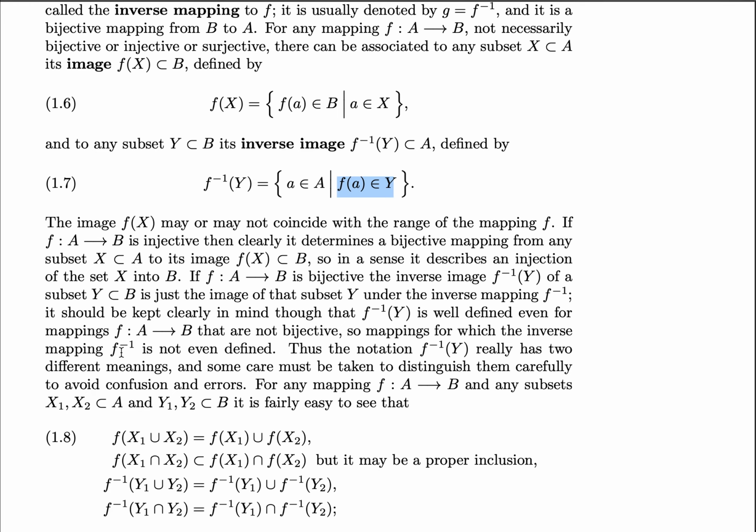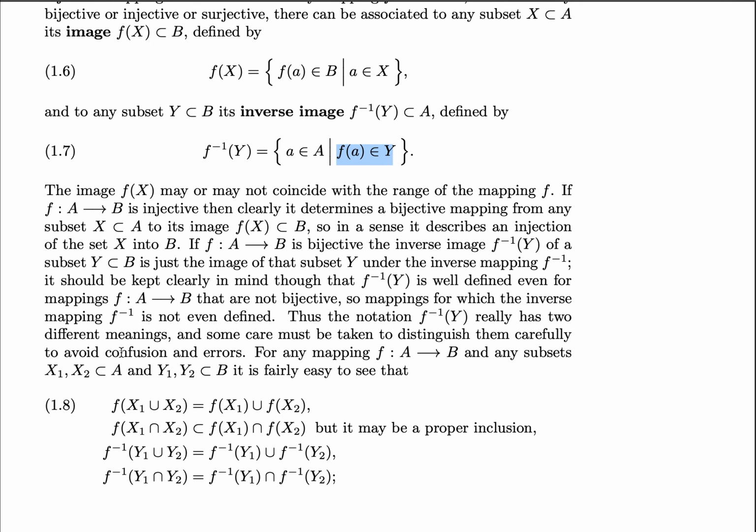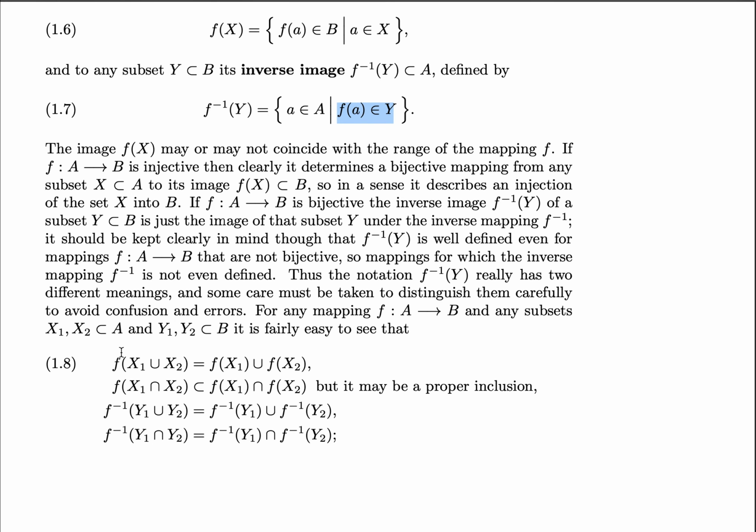It should be kept in mind, though, that f inverse of Y is well defined even for mappings f from A to B that are not bijective, so mappings for which the inverse function is not defined. For instance, you can consider y equals x squared, and consider the pre-image of a set like {1}.